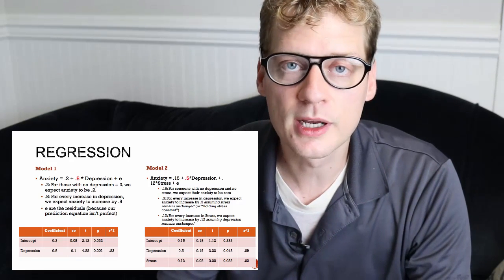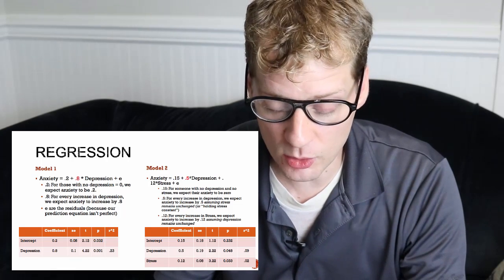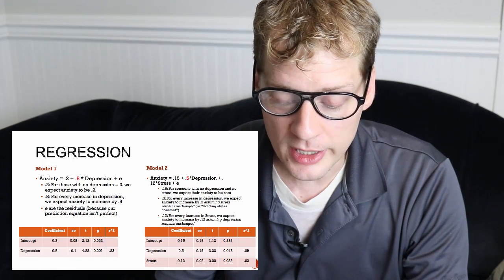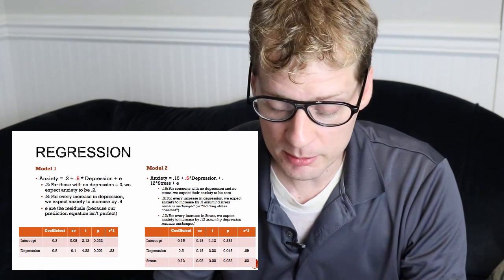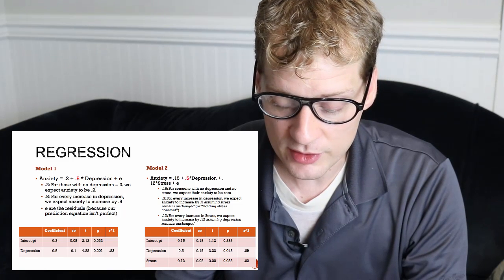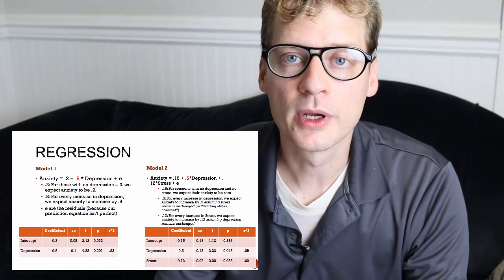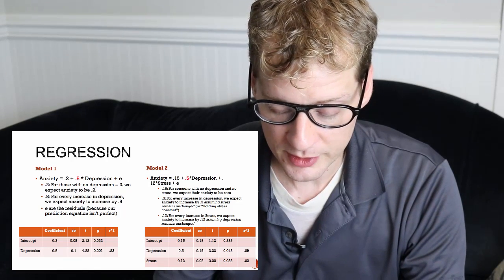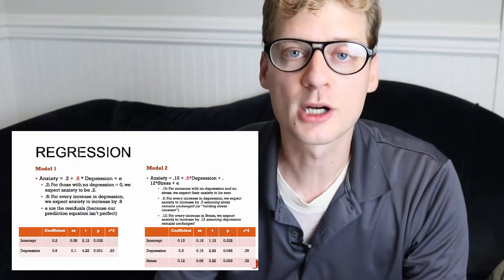So if you were to look at the parameters of the model, the coefficients in Model 1, we have 0.8 multiplied by depression, suggesting that for every increase in depression, we expect anxiety to increase by approximately 0.8.